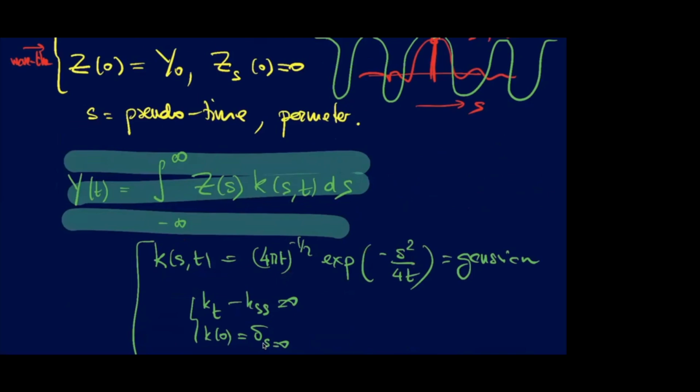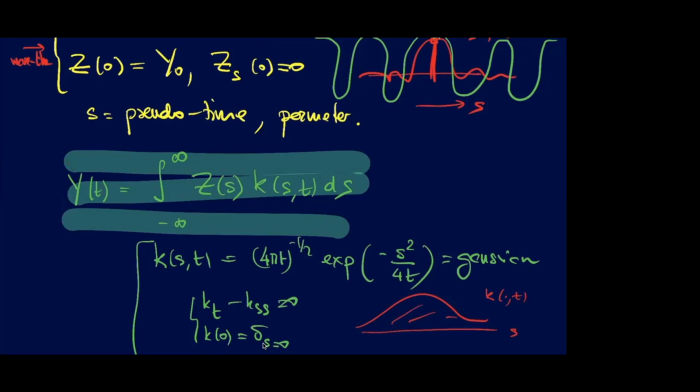So even though z does not decay, k does decay for any t as a function of s. And therefore, the exponential decay of this kernel K is the one that makes this integral well defined, right? So this is a Bochner integral that is well defined.